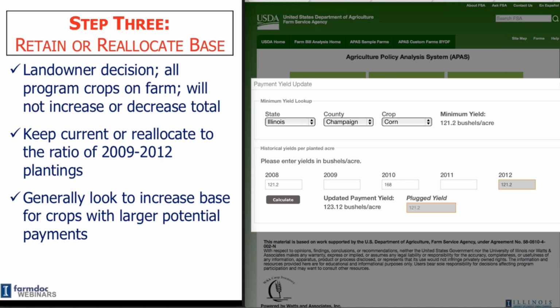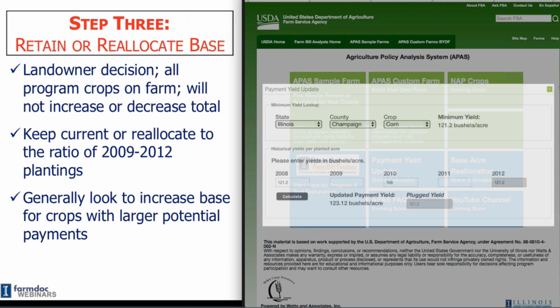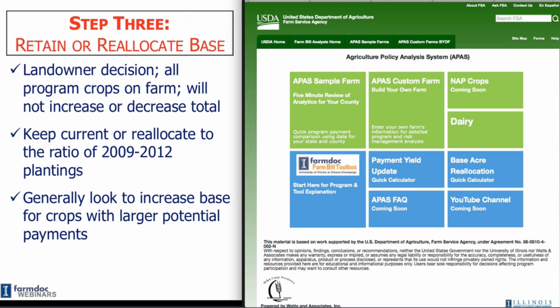So we're going to go on to our third step here: retain or reallocate base acres. And again, decision 1 and decision 2, update yields. Decision 1, retain or reallocate base acres. Decision 2 are the landowner decisions. Each FSA farm has the same base acres.